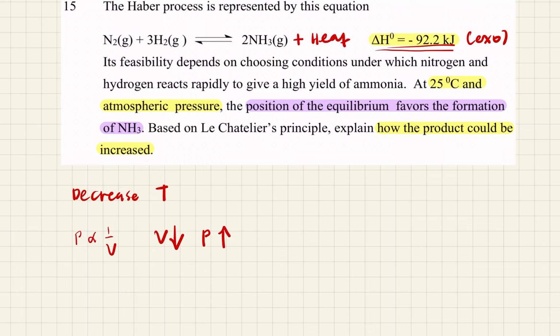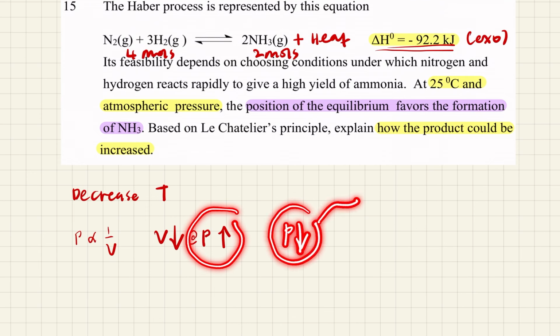So either of these 2 points, okay, addition of pressure and decreasing the volume will shift the equilibrium to where? Kita akan tengok the number of moles, kan? So this will be 4 moles. This will be 2 moles. So kalau kita increase pressure, okay, senang tengok pressure lah. Increase pressure, then your system will try to decrease your pressure. How? By shifting towards the side with fewer number of moles.